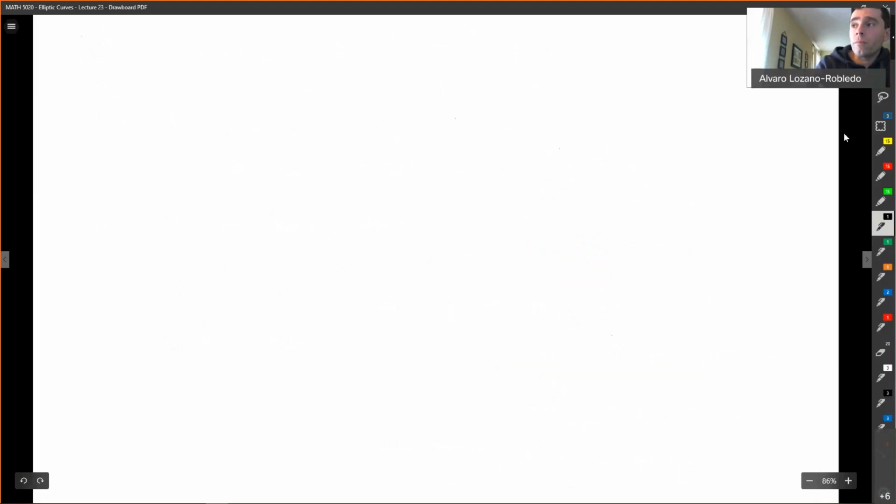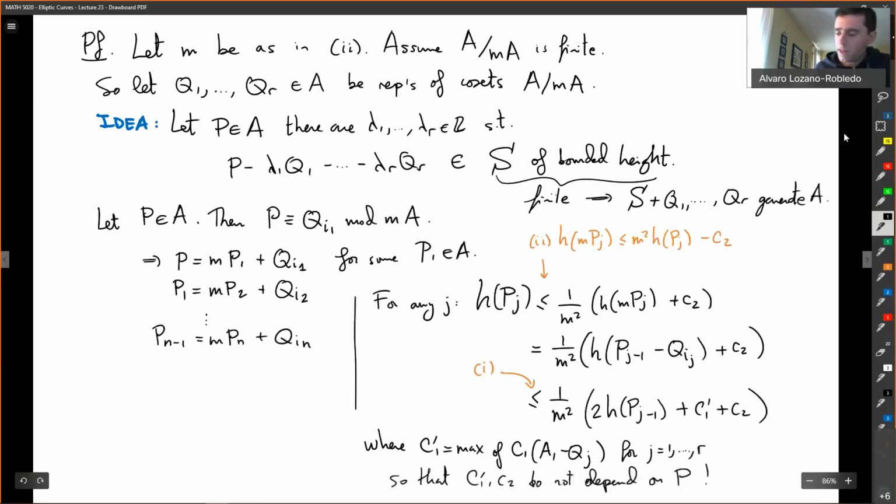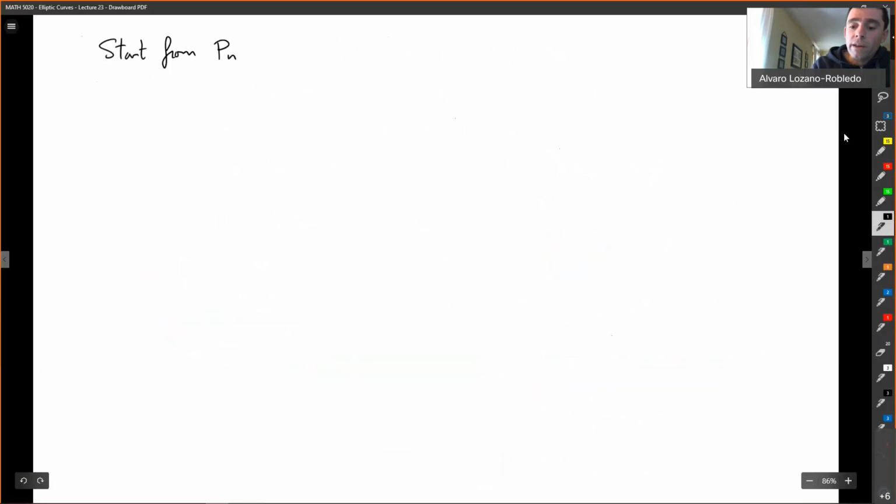Now start from Pn, so I start from this equation, and we're going to work our way backwards to say something about P, using that inequality that I just proved.